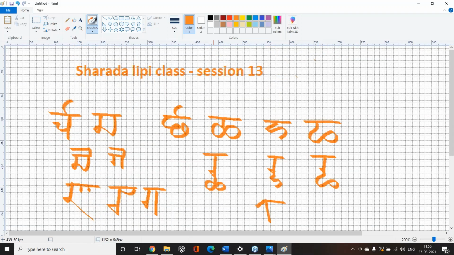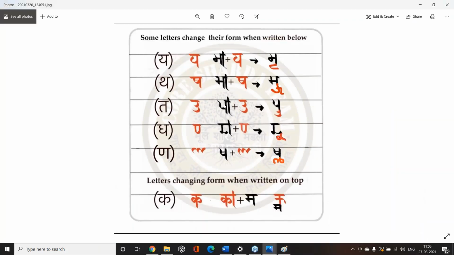And we also had learned about the letters that change form when they are written below or above. So for above, that is only ka, which changes the form, which is written like this, that we have already learned. And there are letters like ya that we had seen last time. This shape would be followed.